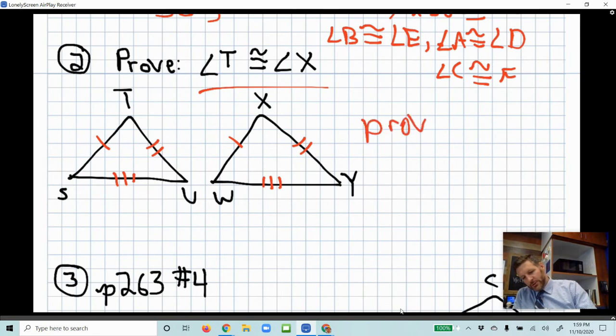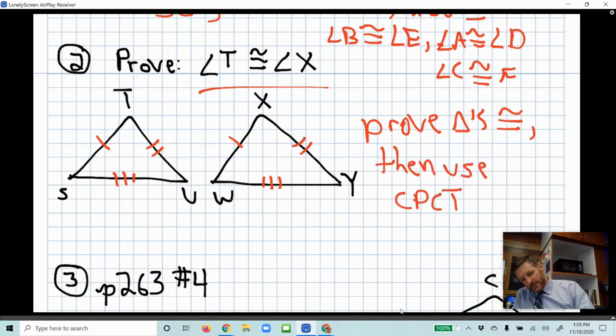Prove the triangles congruent, then use CPCTC to prove the remaining parts.